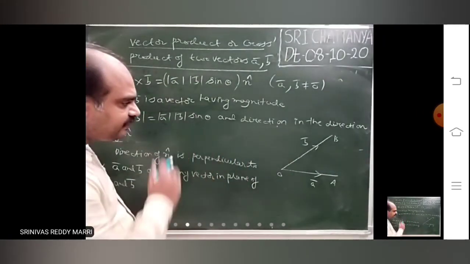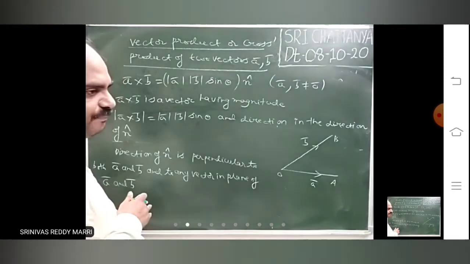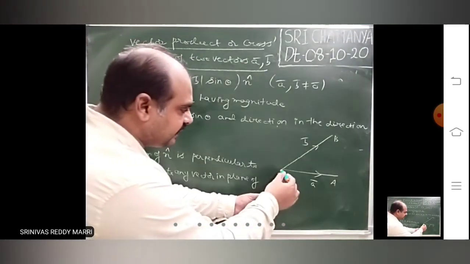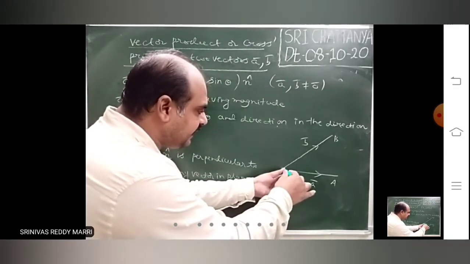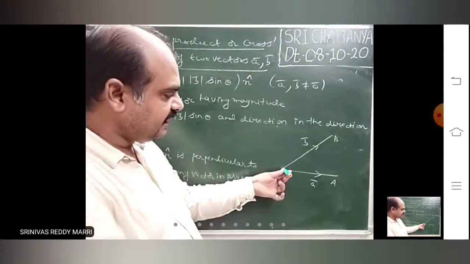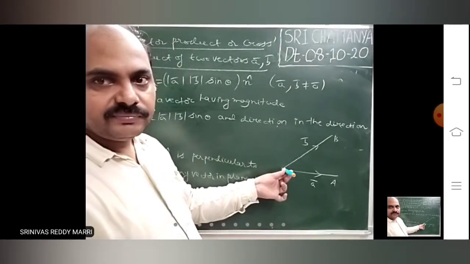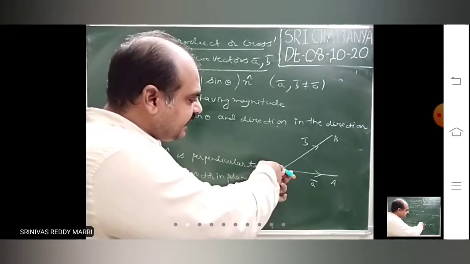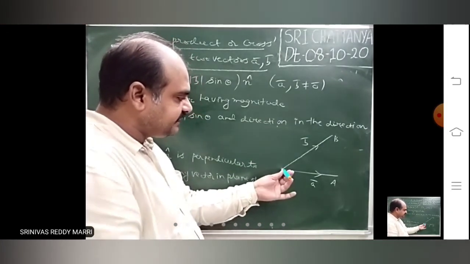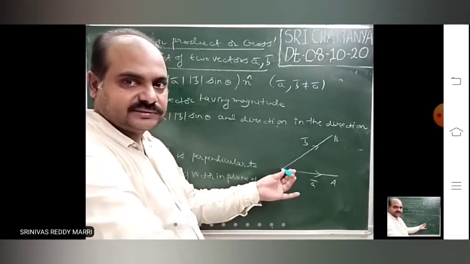Now, n cap direction will be, so this is the plane. Normal to the plane. Along normal, look at the initial point, you keep the pen like this. This is called normal. So that means n cap will be, this O is there, you keep the pen like this. From O to your face direction. Your face is there. Beautiful face.